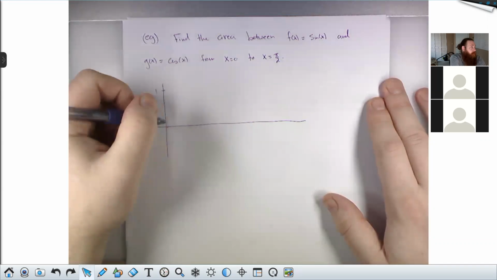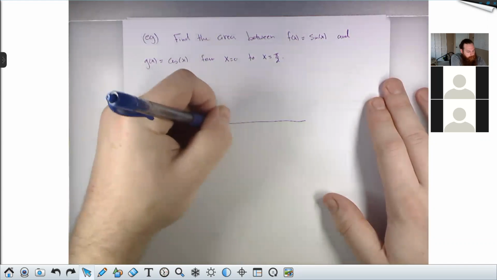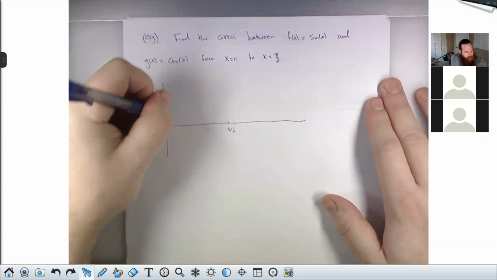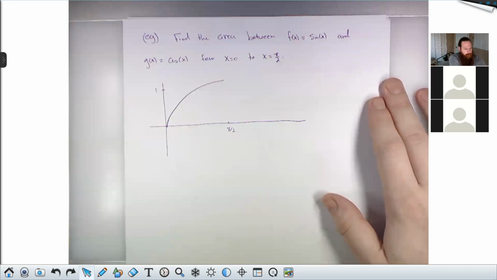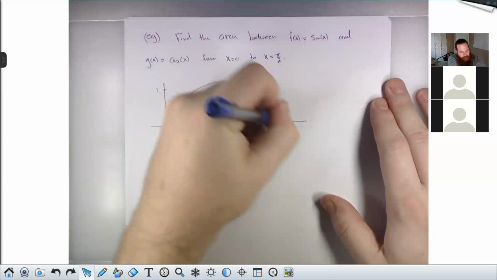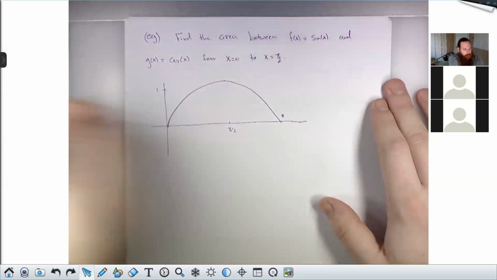And sine, we'll come back over to 0 there. So we should maybe make this pi over 2. That's lots of space. Like that. And you know, sine continues over here like this. That would be pi, and so on.